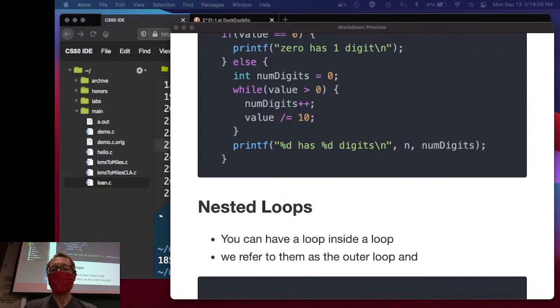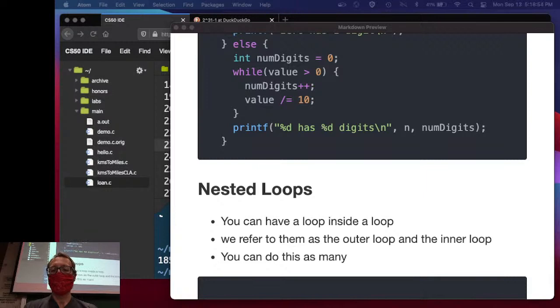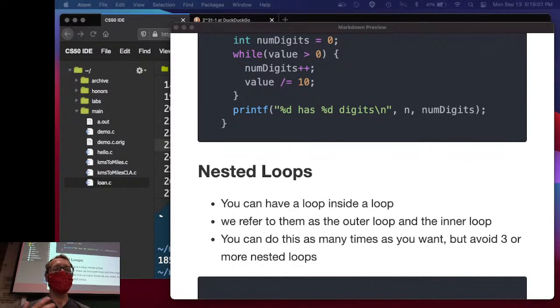You can do this as many times as you want, but avoid 3 or more nested loops, just because loops build on each other. For each iteration of the outer loop, you have an entire cycle of the inner loop.